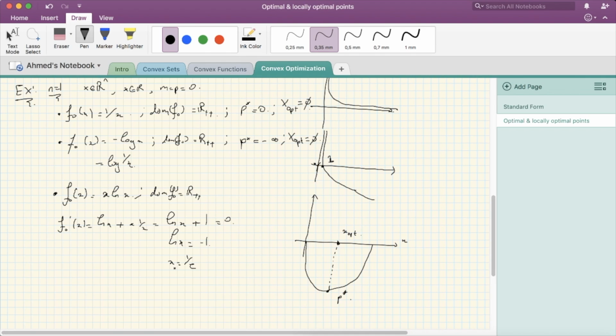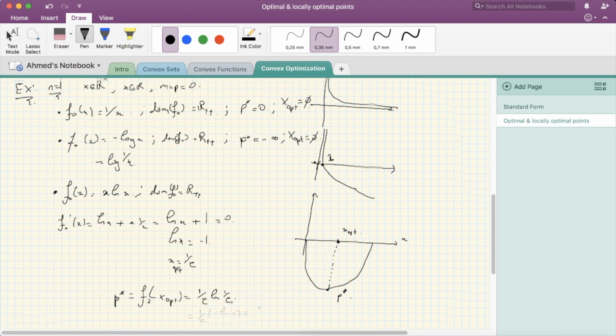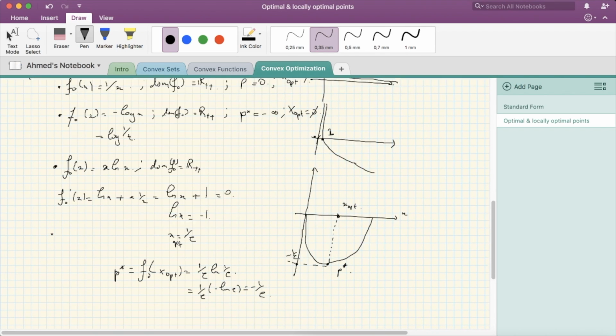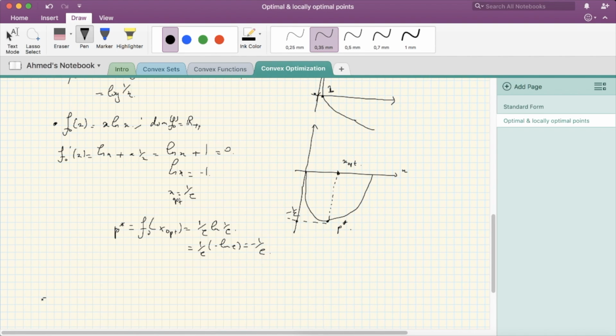That is indeed x opt. To find p star, all we have to do is, in this case, f0 of x opt. We're going to have 1 over e ln 1 over e, which is minus 1 over e. Okay, one last example would be, take f0 of x as x cubed minus 3x. What is p star in this case?